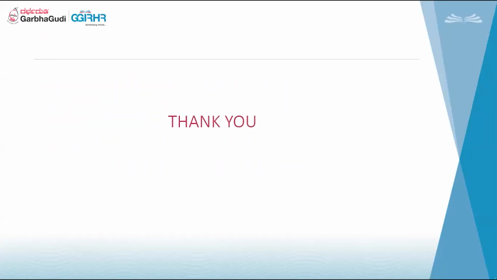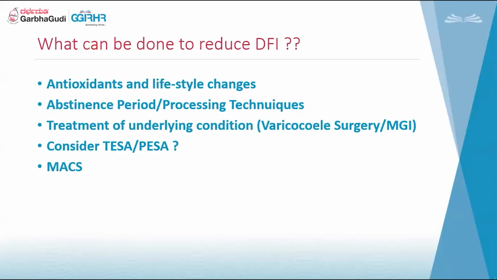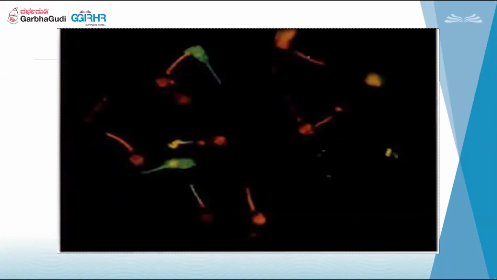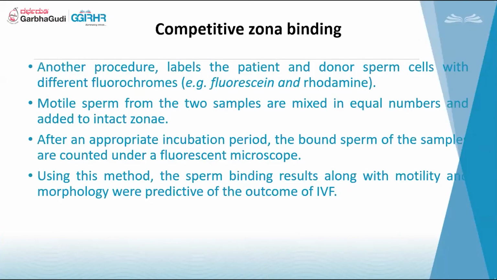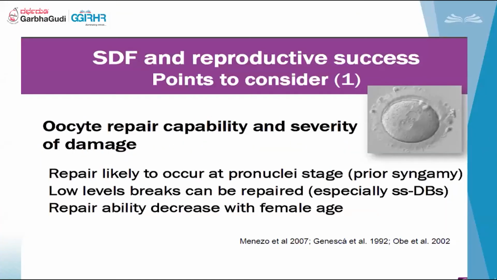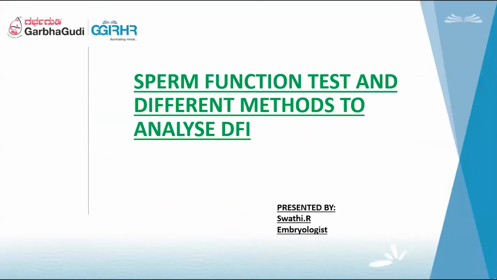Okay. Any doubts? This was a very brief topic, but you should know the importance of this. Now a patient will come to you saying that we had missed abortions. At that time you should be thinking about what has to be done for this patient. DFI is also an important test over here.